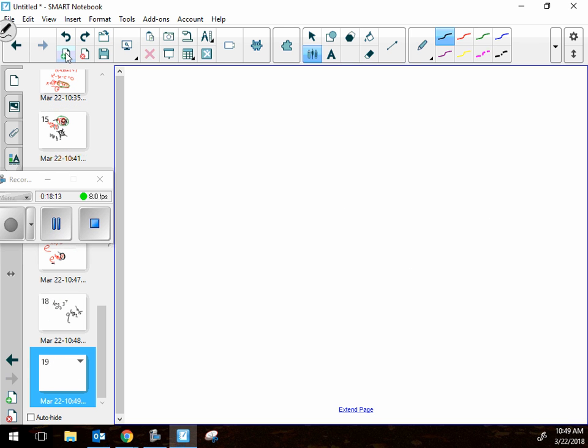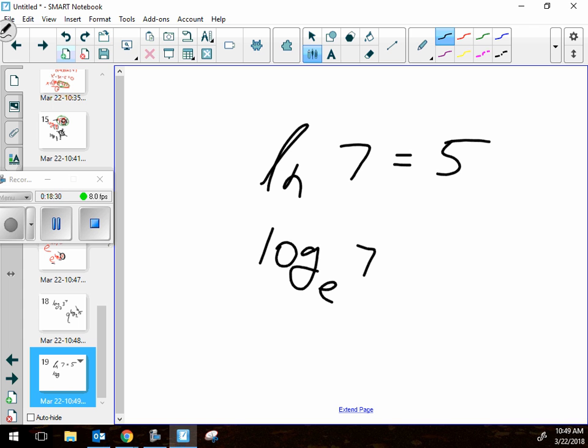So how would you rewrite something if you don't have a base? Like, how are you supposed to rewrite that? Yes? Yeah, like I said before, ln's supposed to be log base e, and then it'll have a base. What is the base? e. All right?